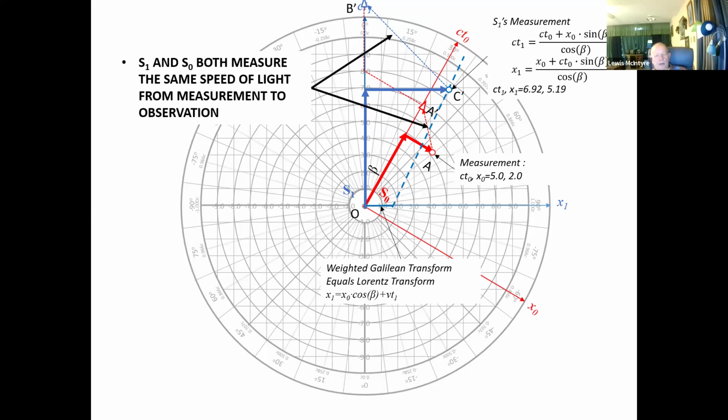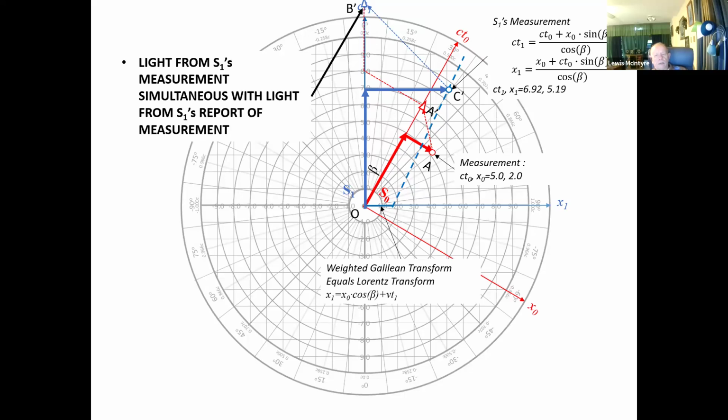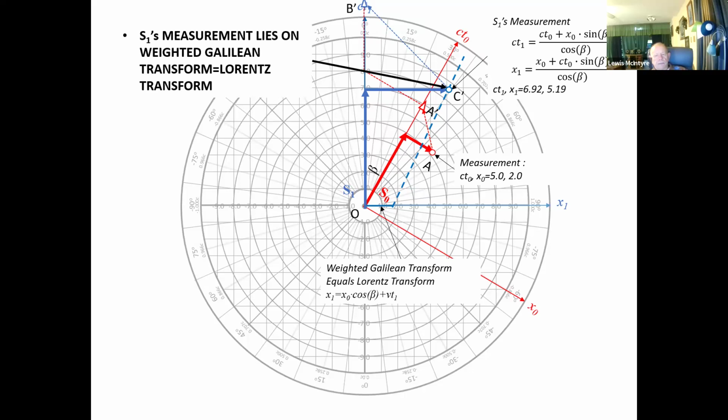Interestingly, each reference frame observes itself stationary with respect to light and the other one moving. The measurement from C prime, a fixed point on S1's ruler, is simultaneous with Doppler shifted light from A prime. And the measurement is located on the weighted Galilean transform.